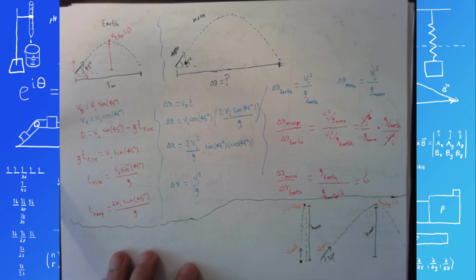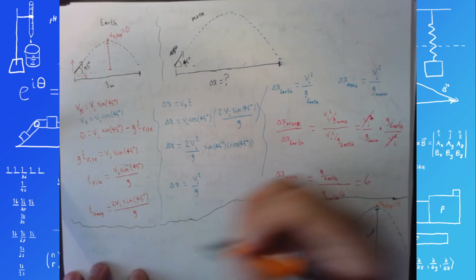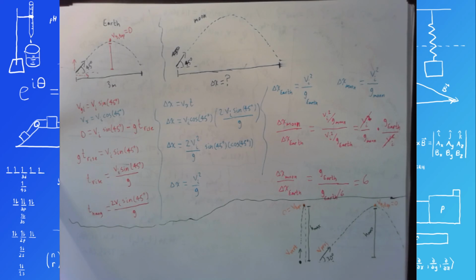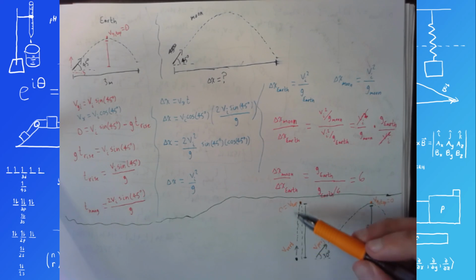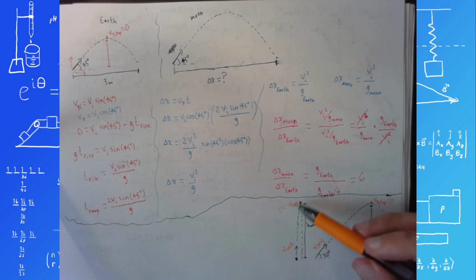So let me see. I'm going to start with the ball that's thrown just straight vertically. I'm just going to use the third equation of kinematics for this one because I've got some unknown constant initial velocity here and some known constant final velocity at the top, and I know my acceleration.